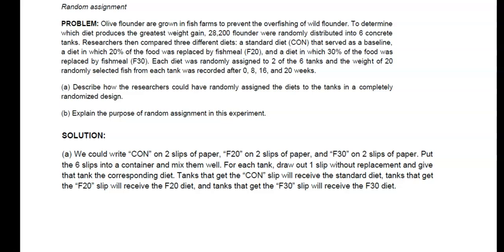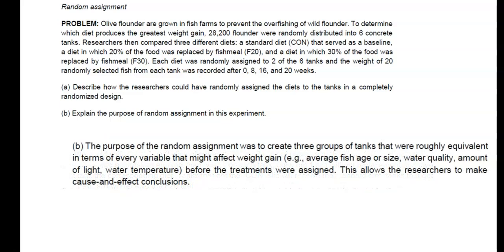Tanks with the CON slip will receive the standard diet, tanks with the F20 slip will receive the F20 diet, and tanks with the F30 slip will get the F30 diet.